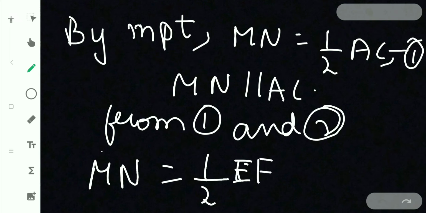Also you are having MN is equal to half of AC over here. So both we are having MN, so we can equate these two. MN is equal to half of EF is equal to half of AC.